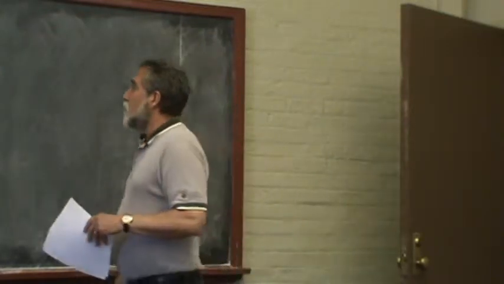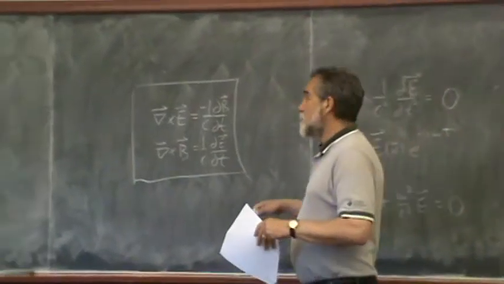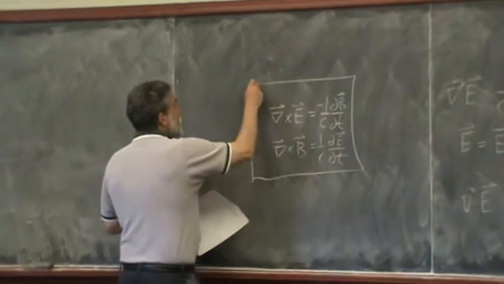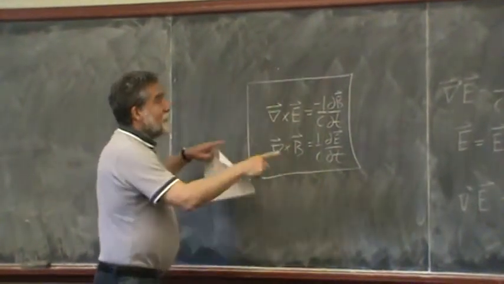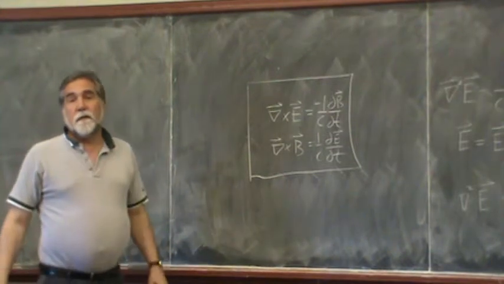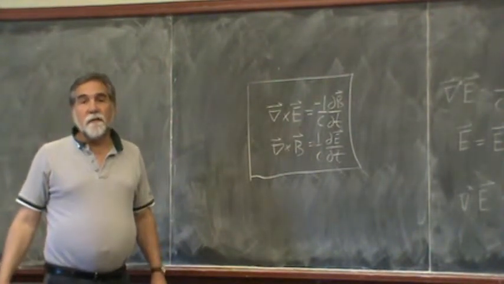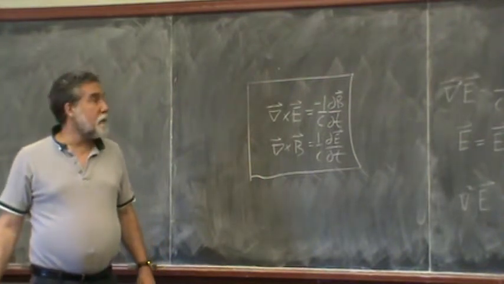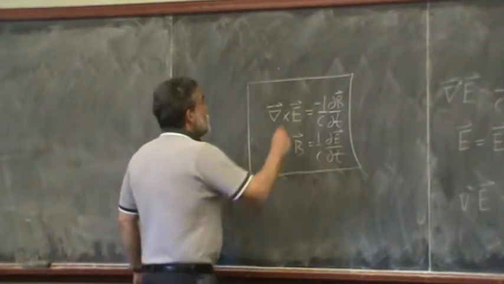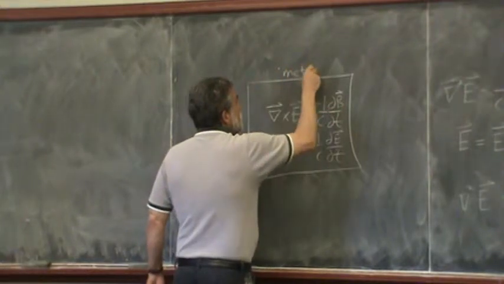So what we're really going to do here is take this set of equations and apply appropriate boundary conditions to the electric and magnetic fields. What are those boundary conditions? These boundaries here are metal.